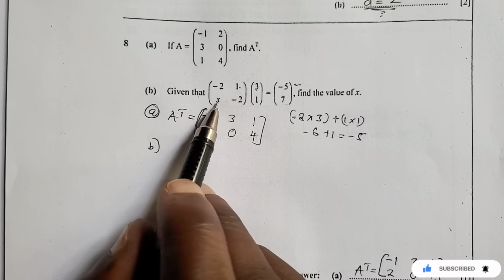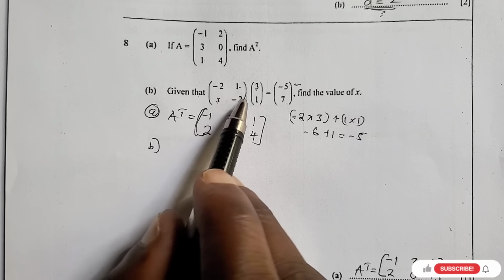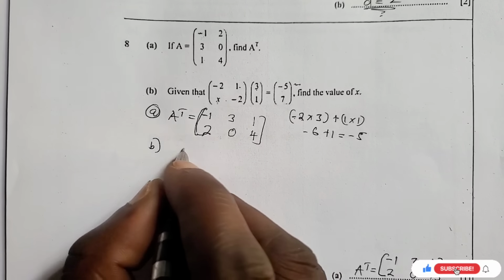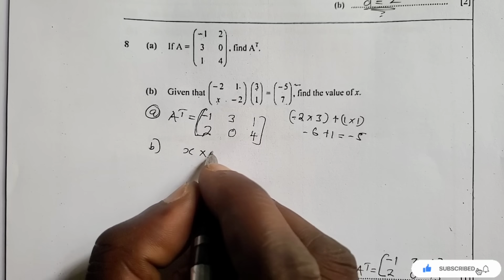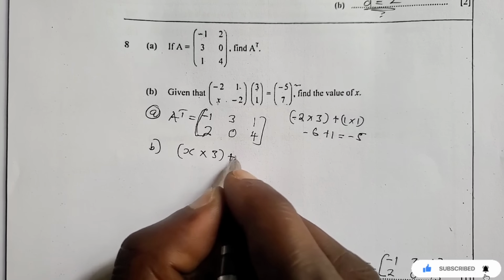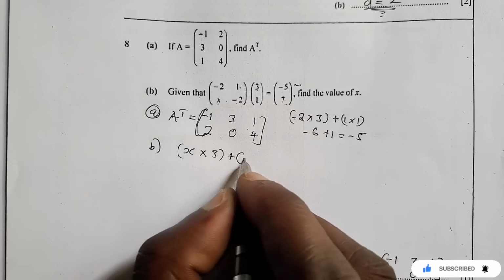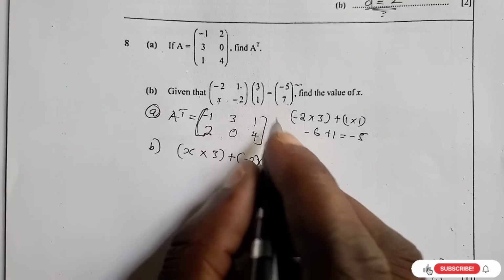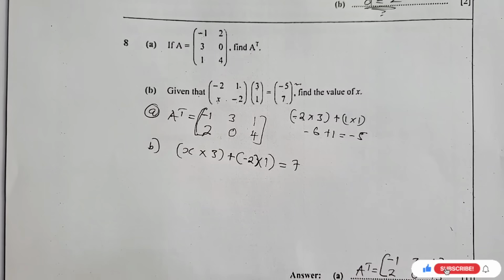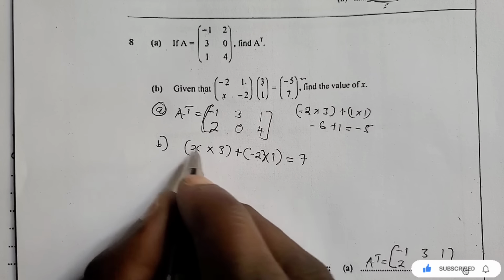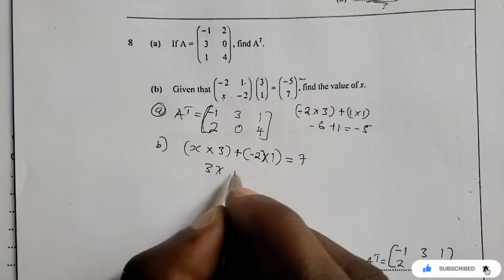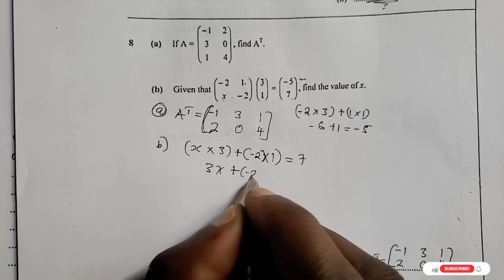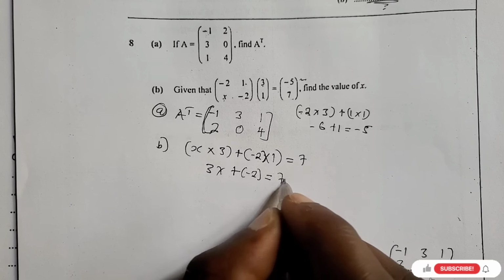So for us to get x here, we need to use this. For us to solve for x, we're going to say x times 3 plus -2 times 1. And this should give us 7. So it's equals to 7. x times 3 is just 3x plus -2 times 1 is just negative 2 is equals to 7.